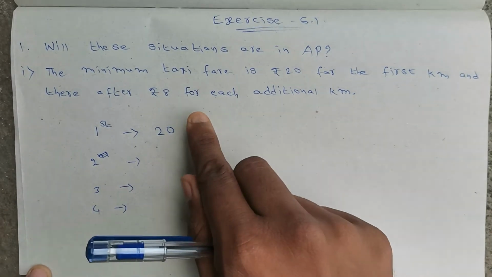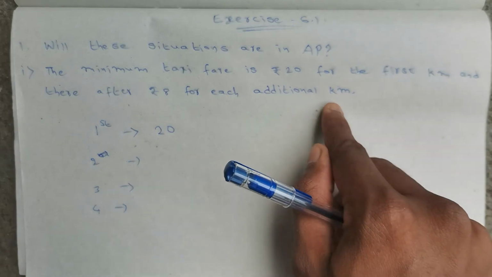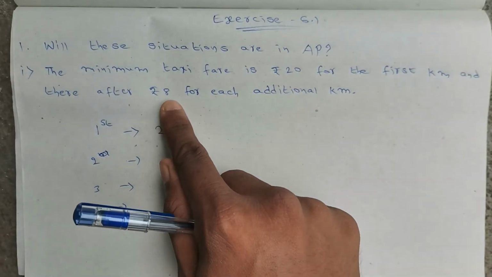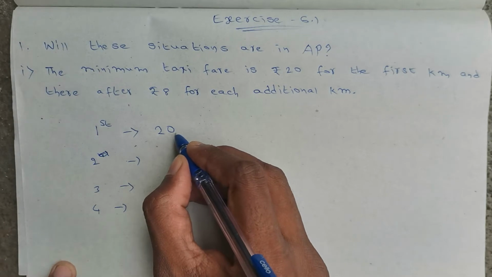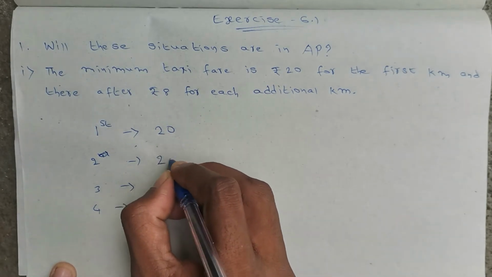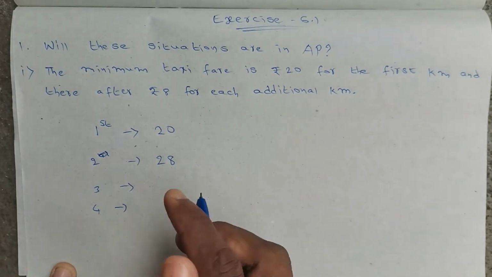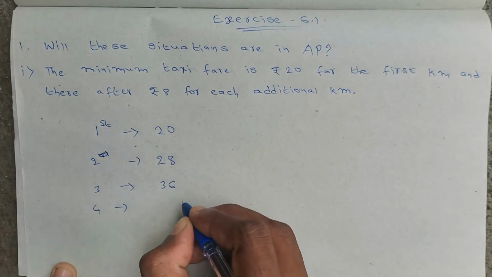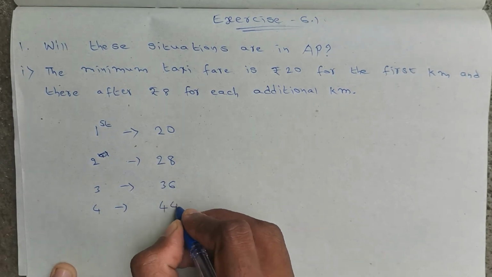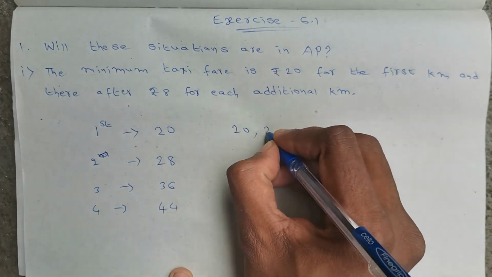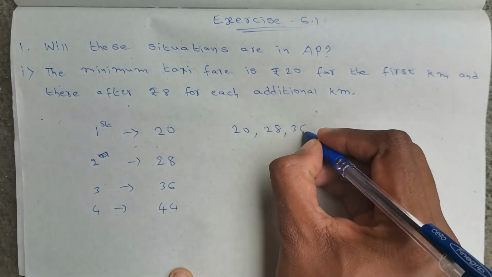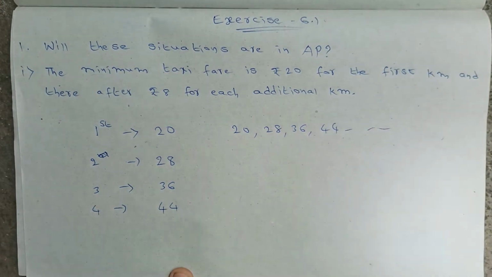So for every additional kilometer he needs to pay 8 rupees extra. So originally for the first kilometer 20 rupees, now 8 rupees extra, 28. Again 8 rupees extra, 36, again 8 rupees extra, 44. It goes on like that. So if we write this in series: 20, 28, 36, 44 and so on.